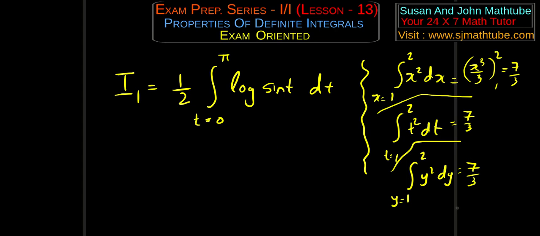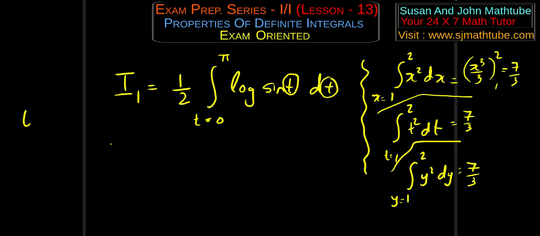And that gives rise to a wonderful property. That is, in a definite integral, the variables do not matter. Only the limit and the function matters. Or this can be done in a proper manner by using the substitute t is equal to x, so that dt will be dx and the limits will remain the same.